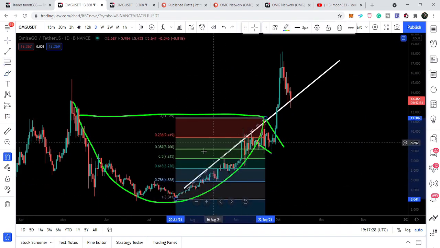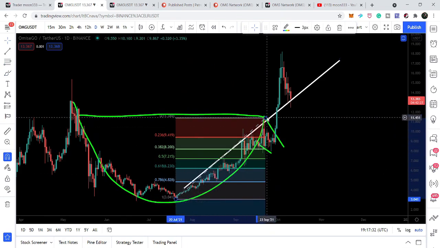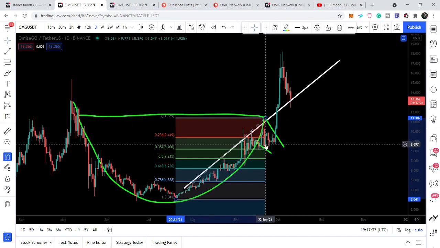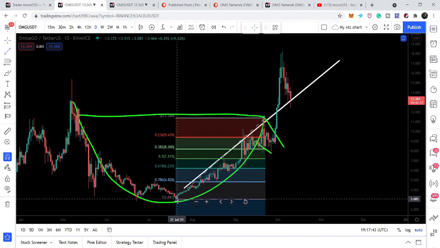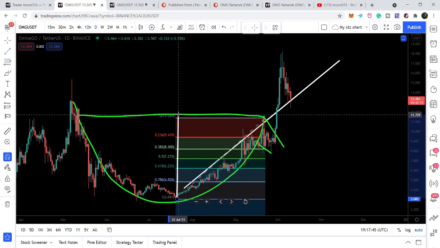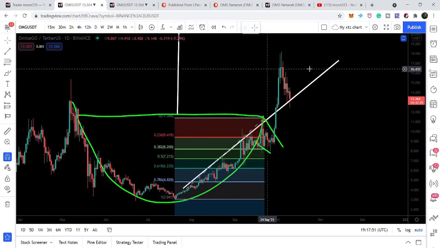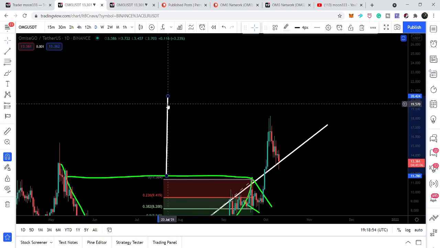If I place this Fibonacci tool from this bottom up to this breakout point, then you can see that the handle of the cup was moved down up to 0.382 Fibonacci retracement level. And if I place the trend line from this bottom of the cup up to this top and place it here at this breakout point, or the resistance of the cup, then our next expected target is $21.